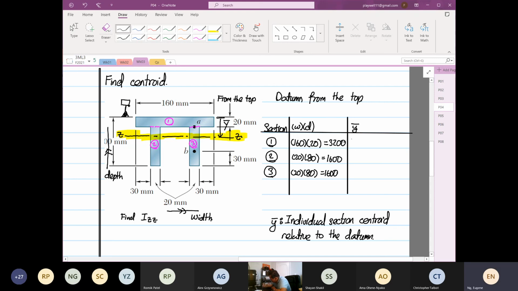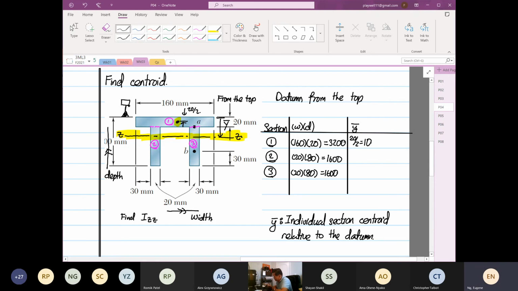So this will be 20 divided by 2. Why? Because the datum's at the top for section 1, and this is the individual centroid, which I've drawn and highlighted in yellow. So the distance from here to here is 20 divided by 2.